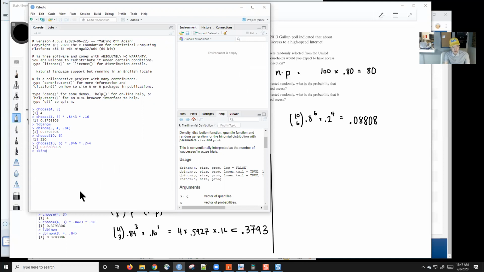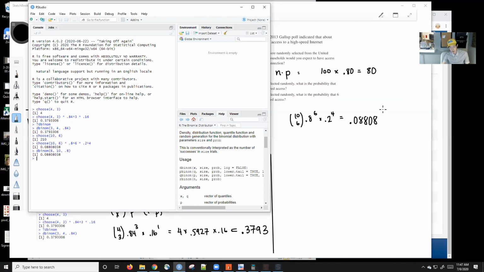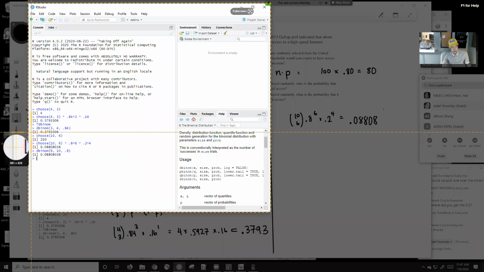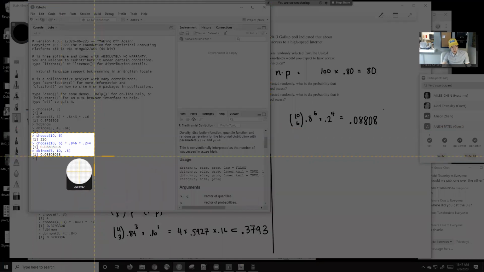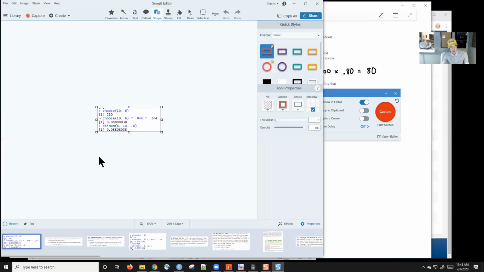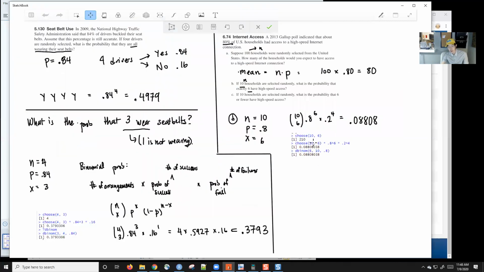I could also do dbinom, and I want 6 successes out of 10 households, where 80% of them have that probability, and I also get 0.08808. So all of these would work. These are also ways we could go about this.